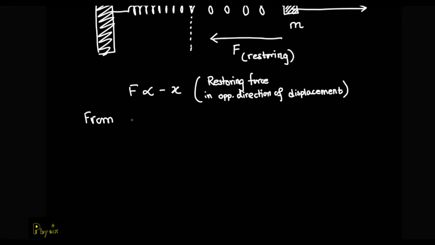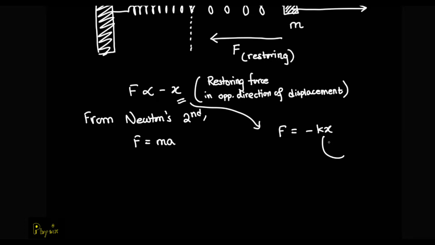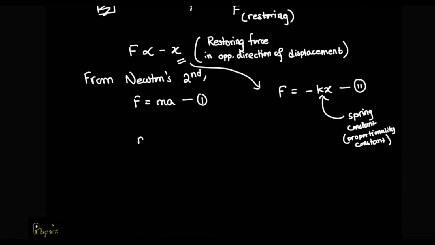Now, from Newton's second law, we could also write F equals ma. For the proportionality constant in F being directly proportional to the negative of x, we could say that F equals negative kx, where k over here is our spring constant. Now if we combine equation 1 and equation 2 over here, we end up with ma equal to the negative of kx.